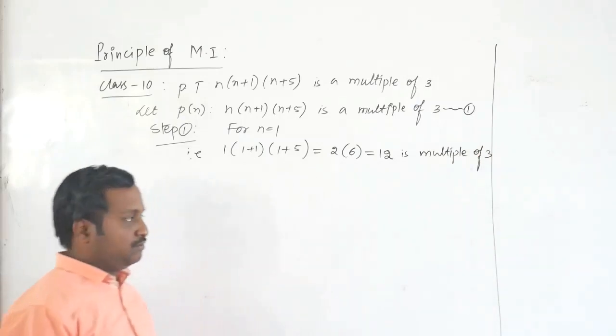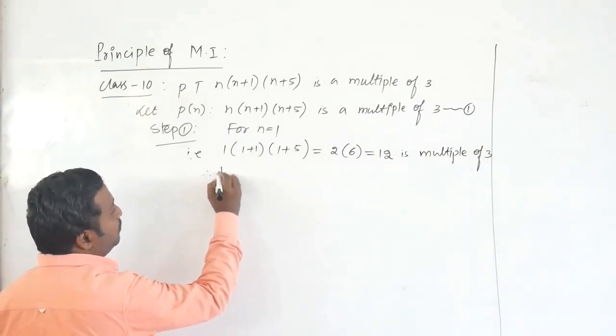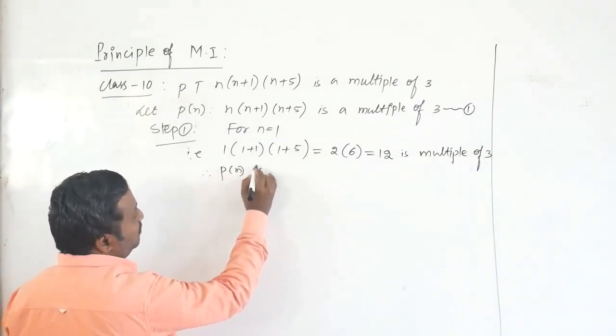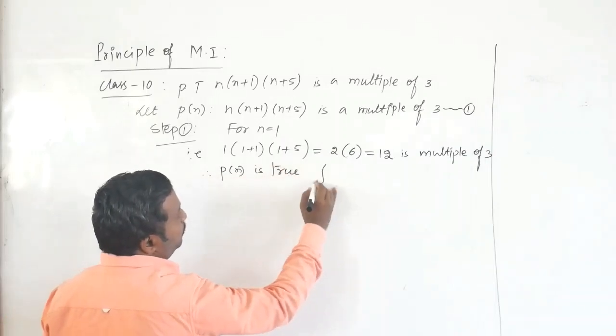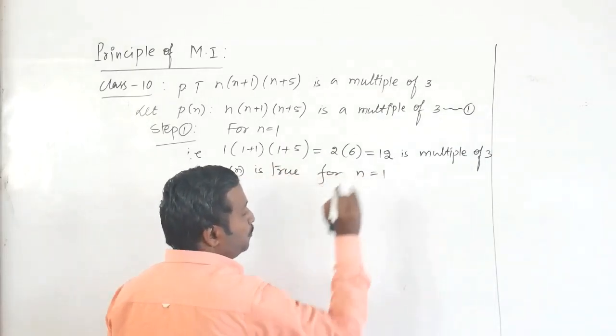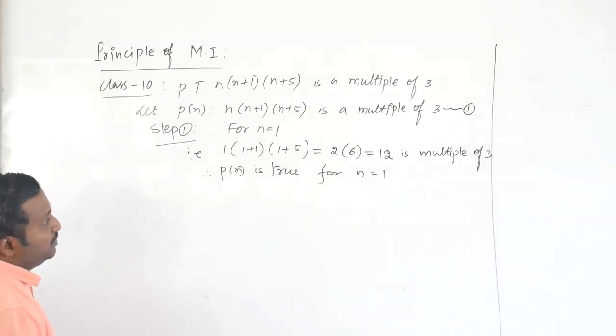So it is true, that's why I can write, therefore P of n is true for n equal to 1.